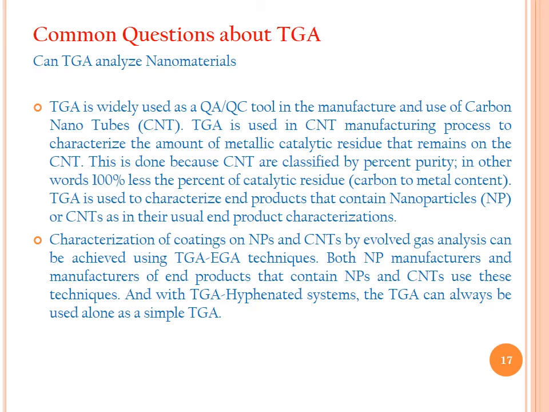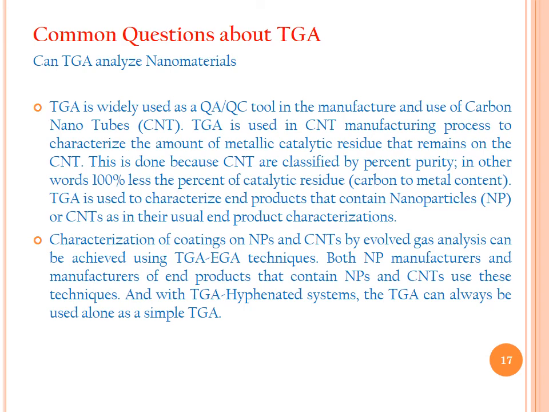TGA is used to characterize end products that contain nanoparticles or CNT, as in their usual end product characterization. Characterization of coatings on nanoparticles and CNTs by evolved gas analysis can be achieved using TGA EGA techniques. Evolved gas analysis was explained in the last lecture.